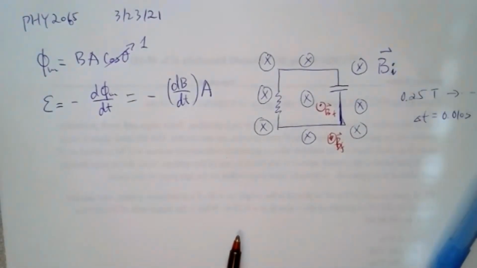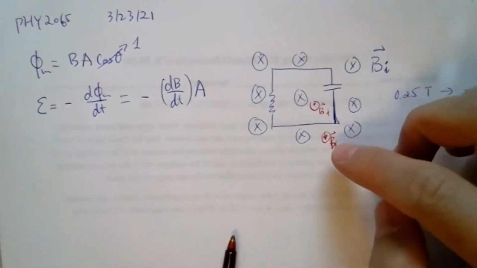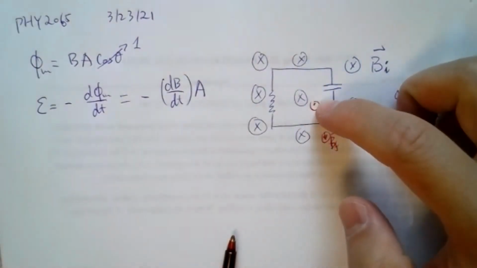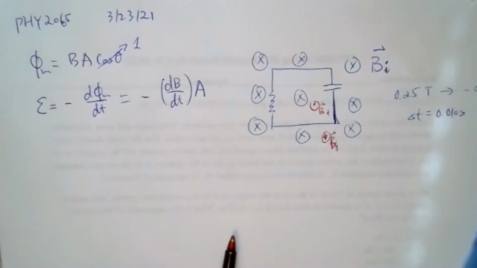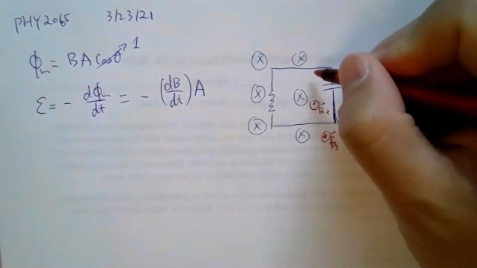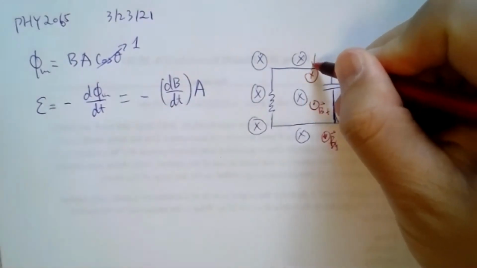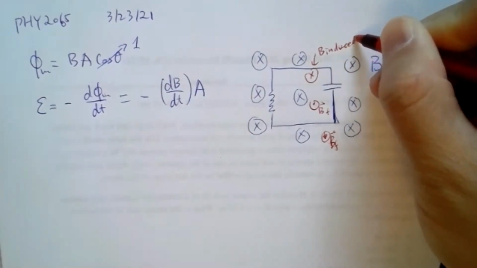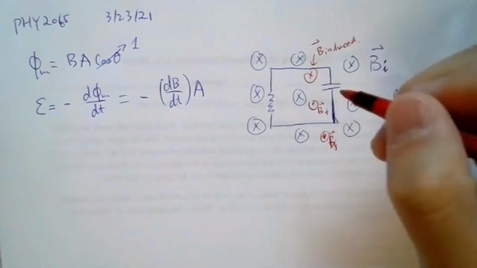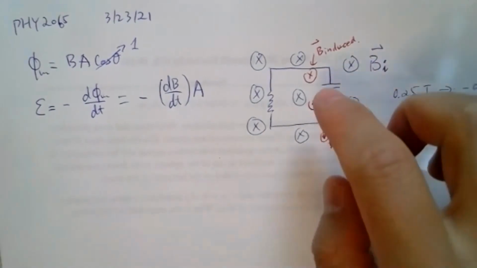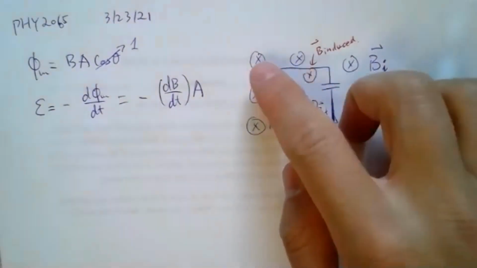To oppose that change of B field going from into the paper to out of the paper, the induced B field by this loop should be going into the paper. So this would be the B induced, due to the current in the circuit. So the B field is going into the paper inside the circuit.